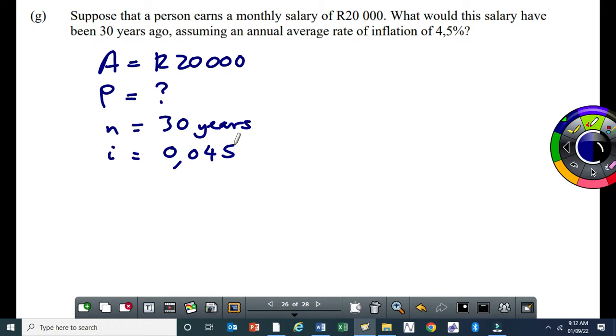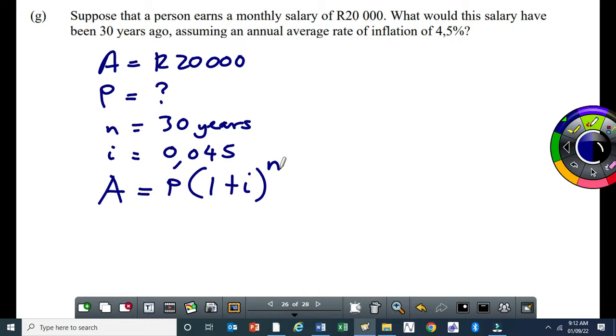Any question involving inflation, you have to use the compound interest formula. That will be A equals P times (1 plus I) raised to the power of N. I'm going to repeat that: any question involving inflation, the correct formula to use is the one for compound interest.